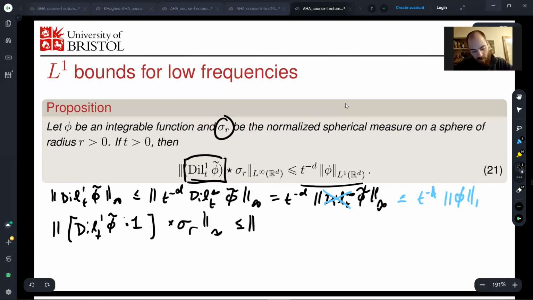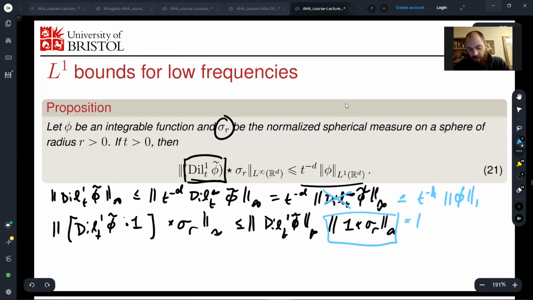So that's less than or equal to the L infinity norm of this, which I've already estimated, times 1 convolved with sigma r. Then 1 is just the one function everywhere. And that equals 1 because this is normalized to be a probability measure. And then this has the bounds of this from before. Great, that's a very simple bound.